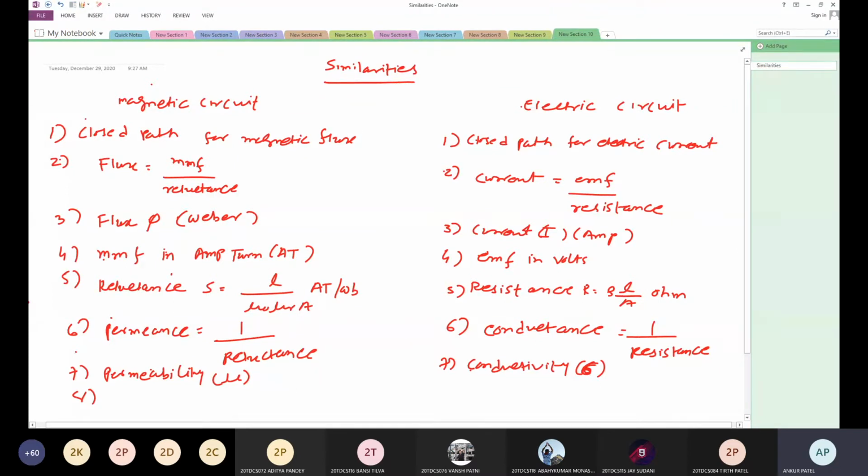Here we have reluctivity. Here we have resistivity.